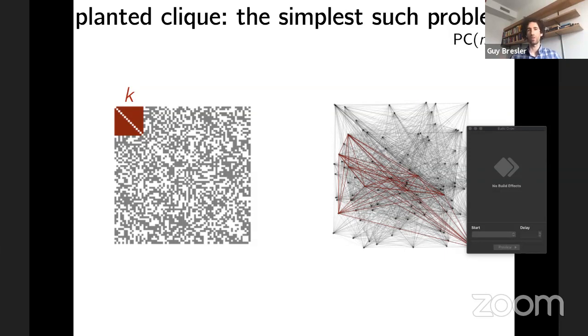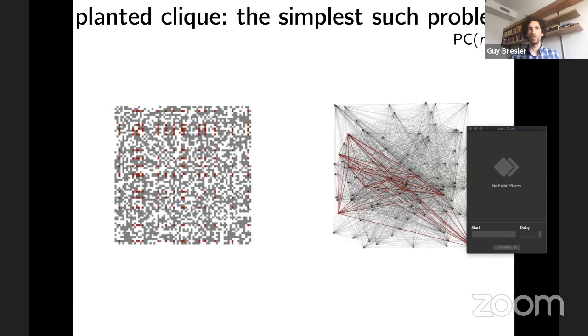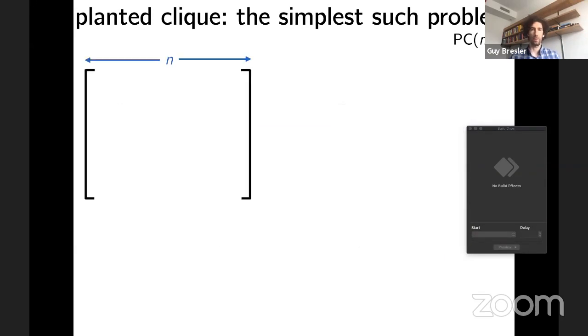It could be half or a quarter or whatever. And then there is a k-clique, a fully connected subgraph on k vertices that's placed uniformly at random in the graph. Of course, you don't know the identities of the vertices when you're trying to determine where this k-clique is. And that's the planted clique problem: find the clique that's been placed in the random graph.